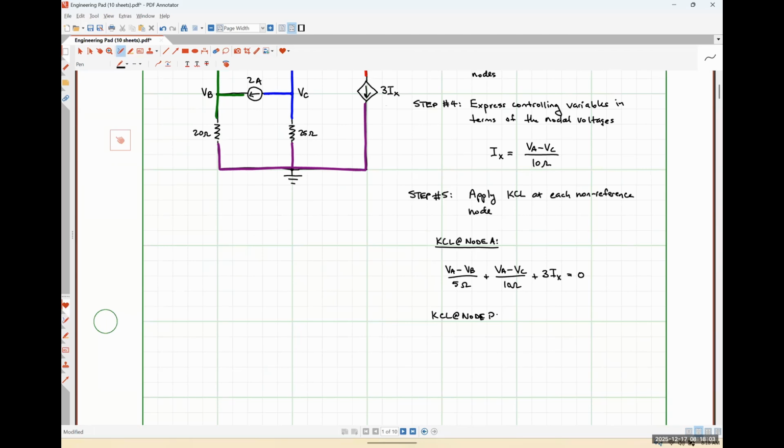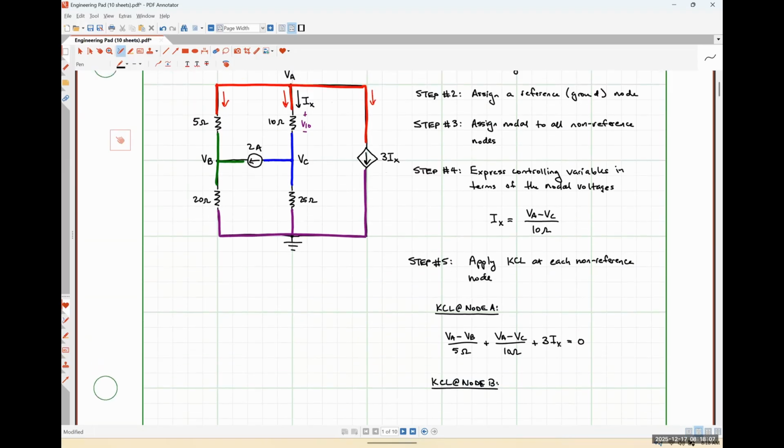So now we're going to do KCL at node B. So at node B, we're going to have this current flowing up, this current flowing to the right, and this current flowing down. So let's start with the current flowing up through the 5 ohm resistor. What's that going to be? VB minus VA, that's a voltage, over 5.